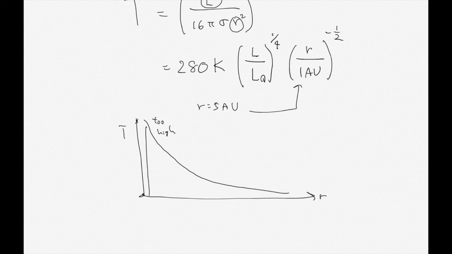If we consider really far positions from the host star, the temperature is too low. As we expected, there is some region that keeps liquid water, and we call this the habitable zone. Okay, so this is the answer to these questions.